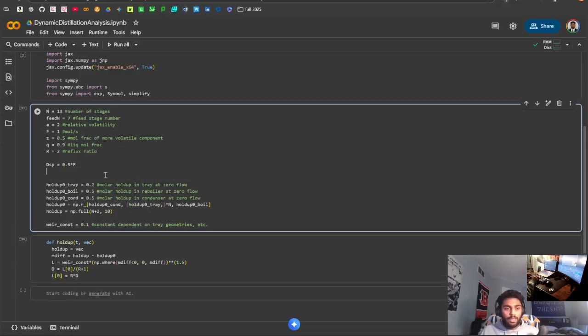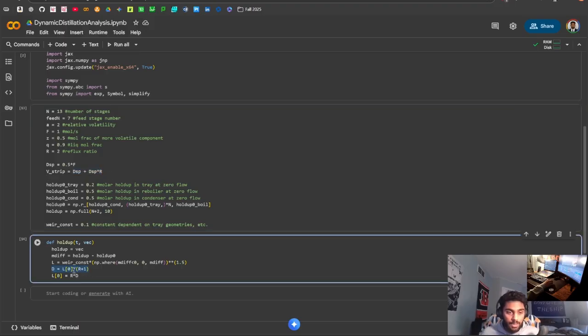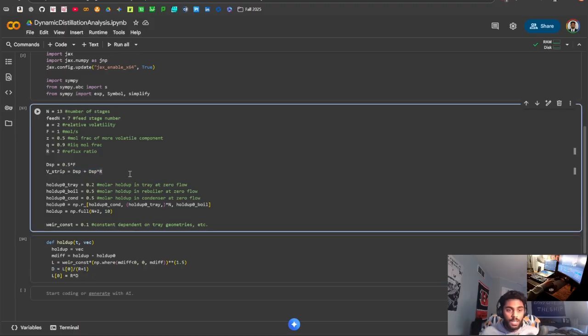Then what I can do is first I'll start off with my stripping, so v_strip. And we're going to have this equal to our distillate set point plus our distillate set point times R. If you remember, this is essentially equal to what we have down here. So this is the liquid flow rate.